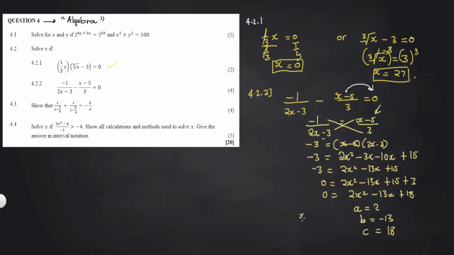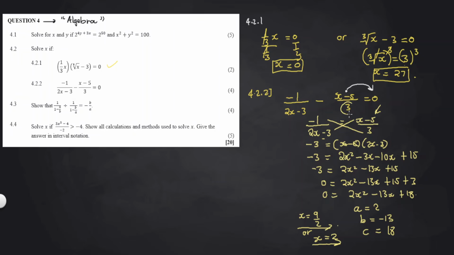You're gonna get your first solution as 9 over 2, or the other one is 2. You have two solutions for this equation, right? Two solutions for this equation.